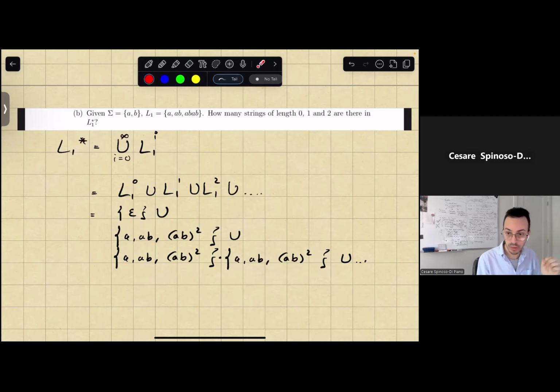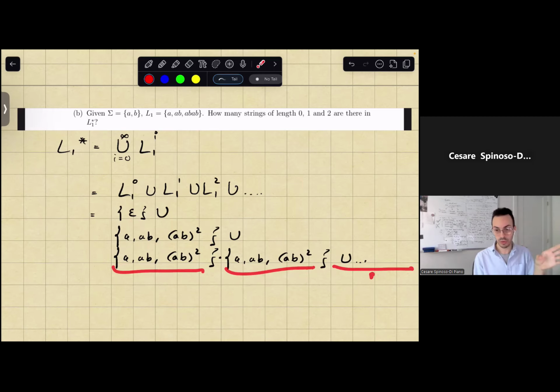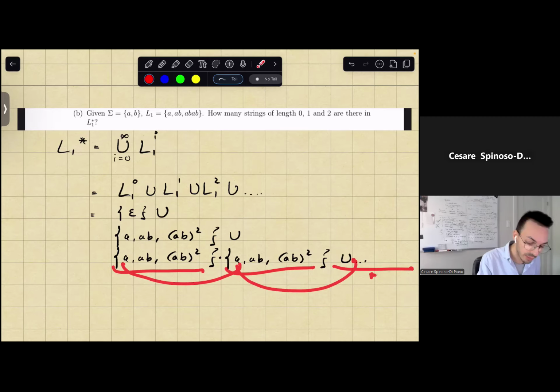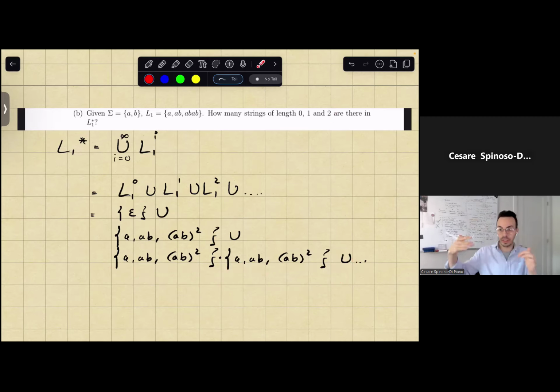What about L1 cubed? I'm going to have this thing 3 times, and the shortest possible string is A concatenated with A concatenated with A, so A cubed, which has length 3, and that's already bigger than the upper bound I care about. So I can actually stop the computation at this point.